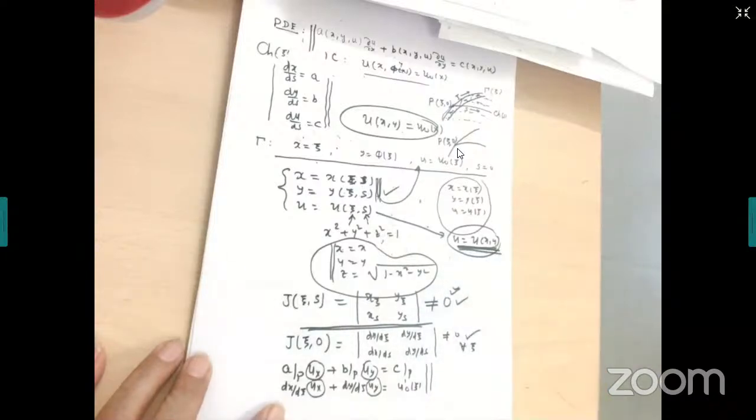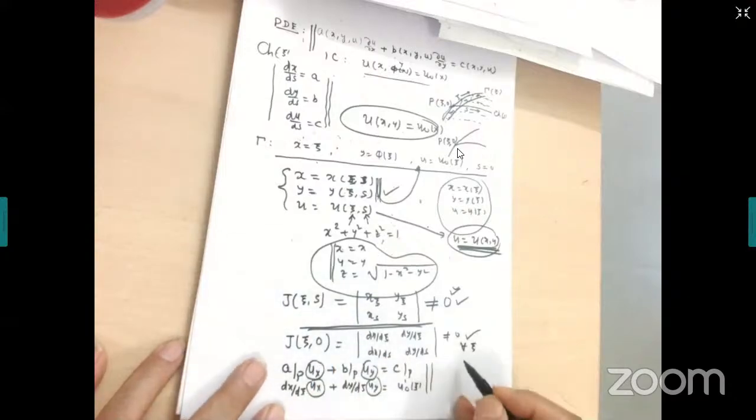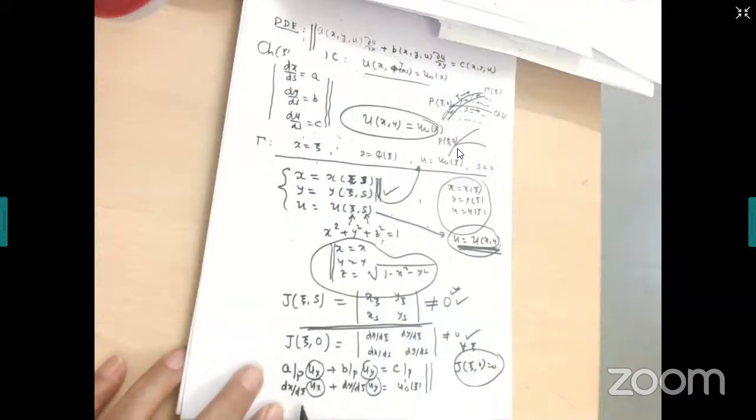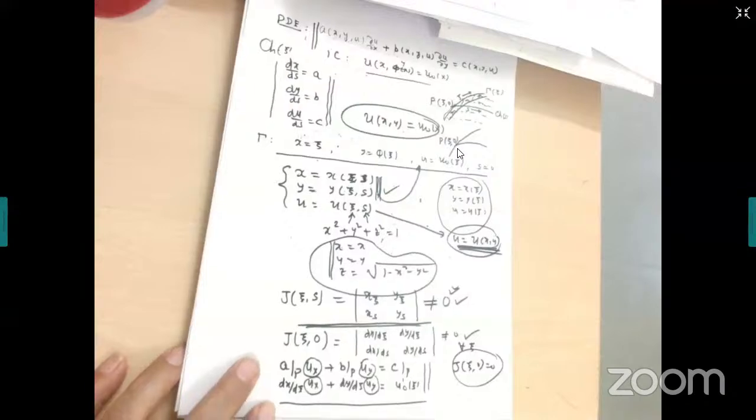But what happens if this vanishes? Suppose J(xi 0) equals 0. Will it have a unique solution then? Then either infinite solutions or no solution. Very good.